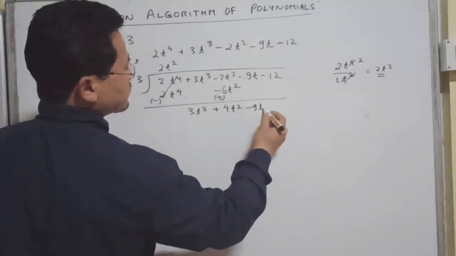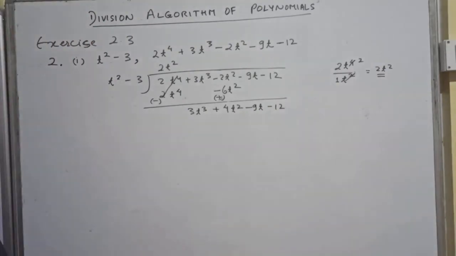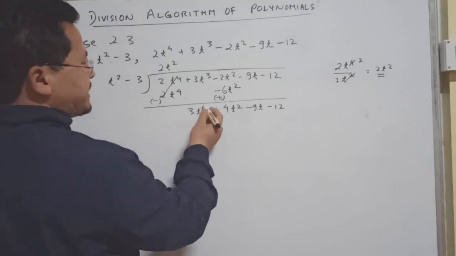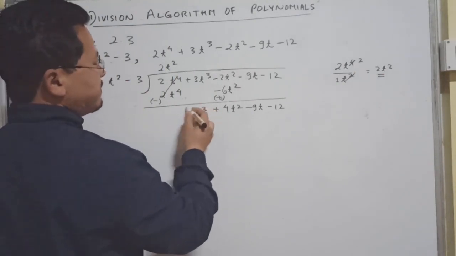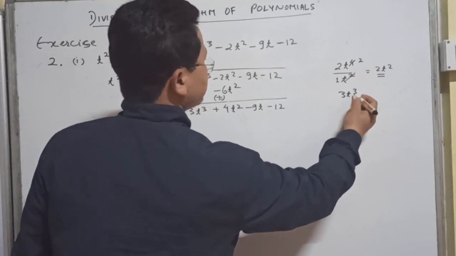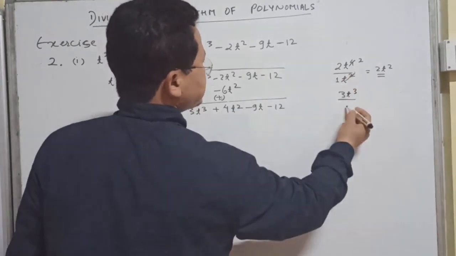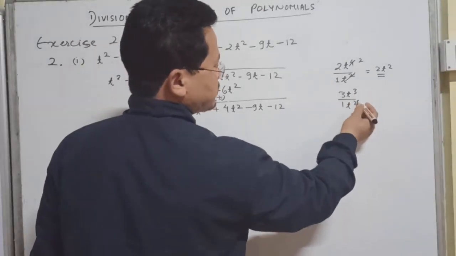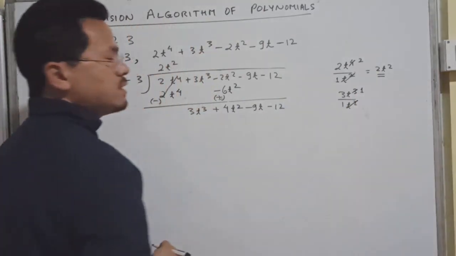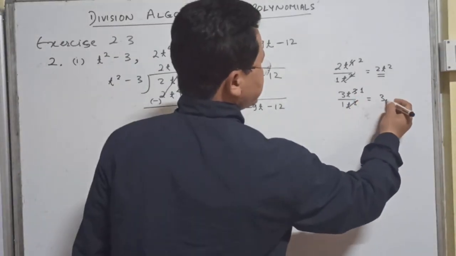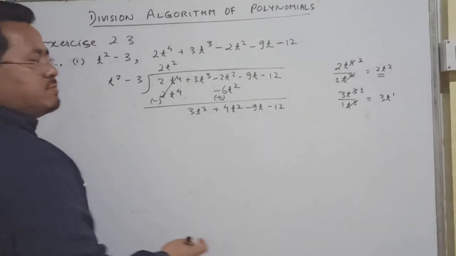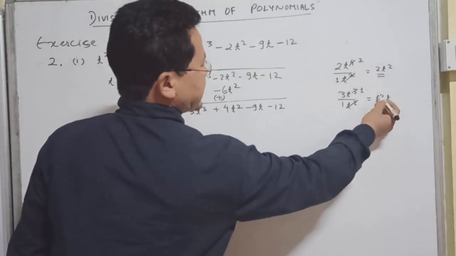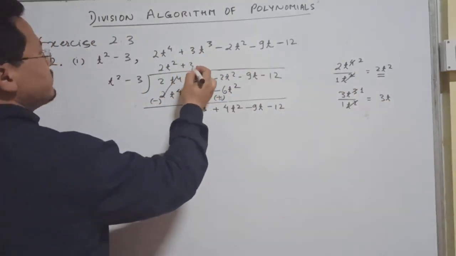And we drop the remaining terms. Now to find the second quotient, we take the highest power in this dividend part, that is 3t cube, and we divide with the same divisor, t square. So when we have 3 and 2, they subtract and we are left with 1. So the quotient becomes 3t to the power 1, or simply 3t, with a positive sign.